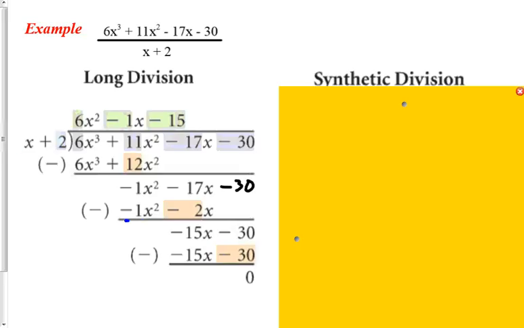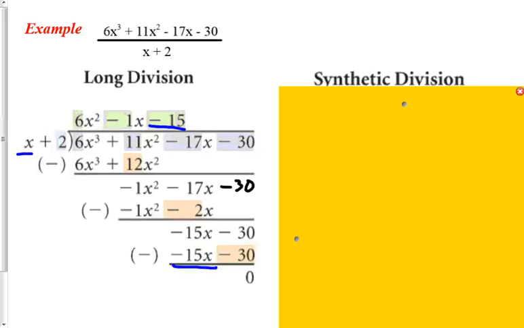And now I subtract away this quantity. Negative 1x squared minus negative 1x squared gives me 0. Negative 17x minus negative 2x gives me negative 15x. Now I need to make x look like negative 15x. Well, I only need to multiply by negative 15. So negative 15 times x, negative 15x.